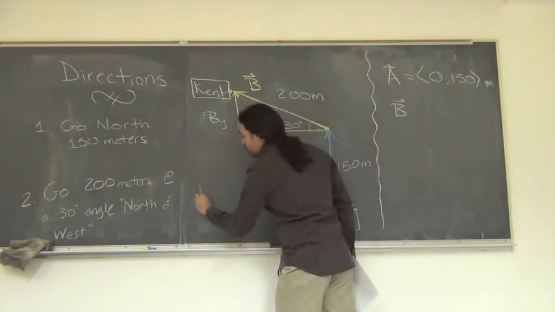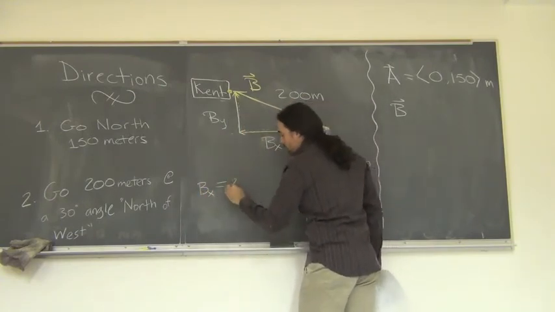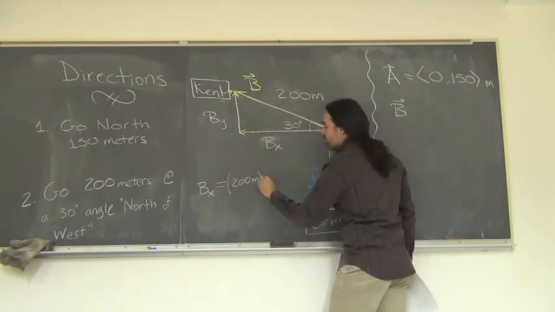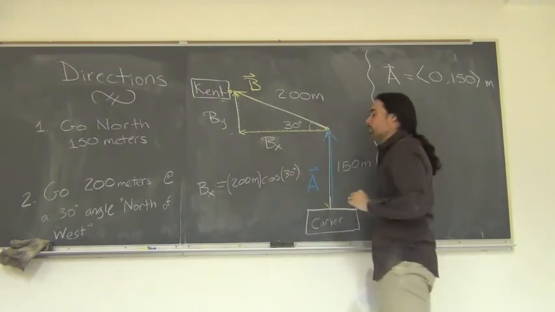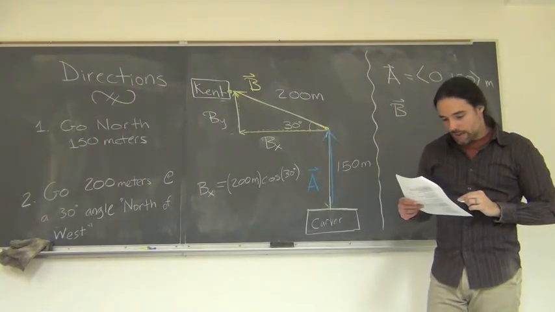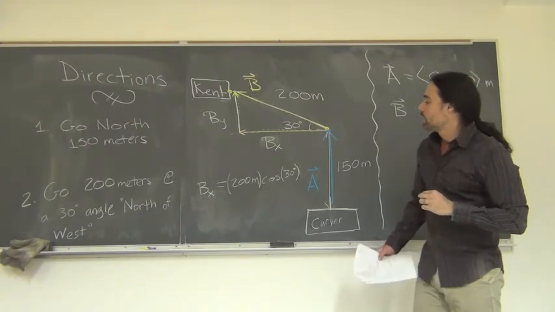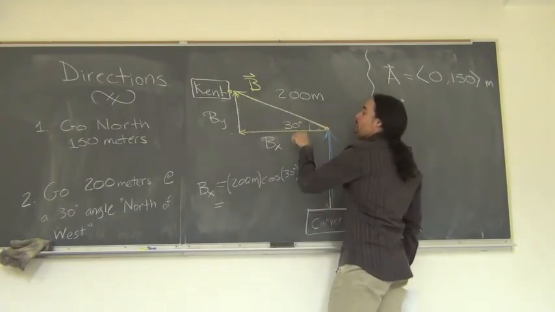And from before, we solved that that side would be equal to the hypotenuse, which is 200 meters, times the cosine of that angle, cosine of 30 degrees, which, if you solve for that, will give you, you've got to be careful here.